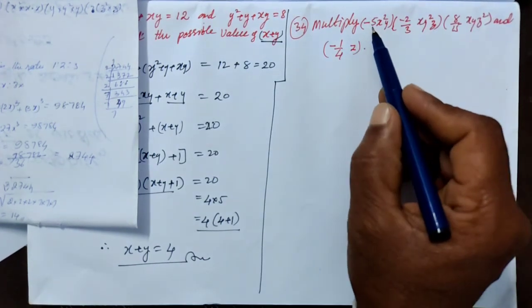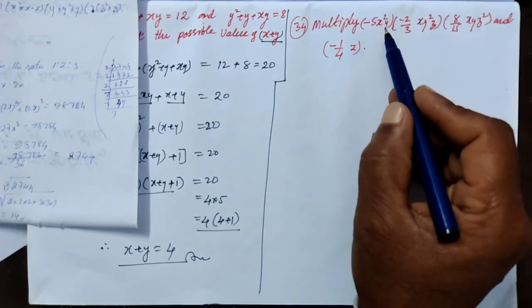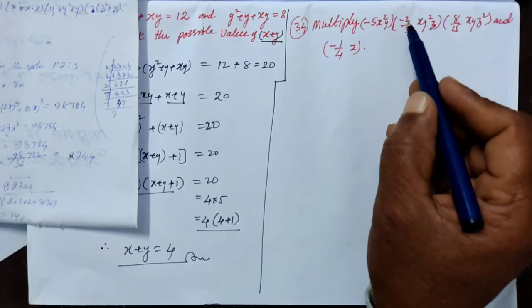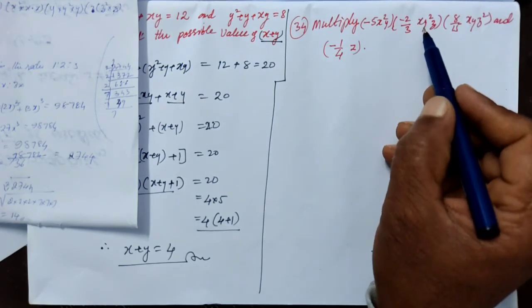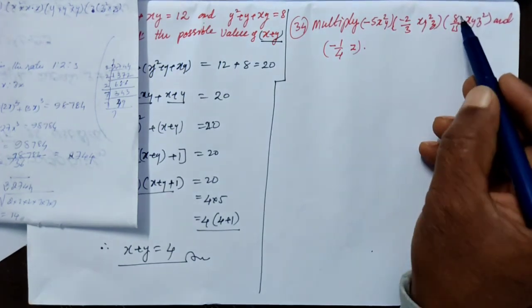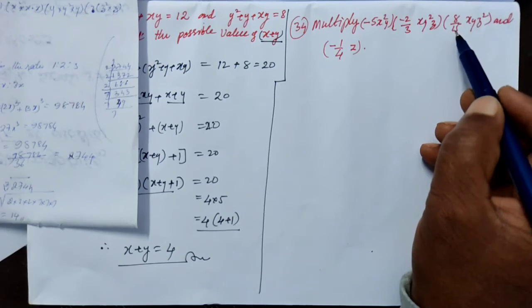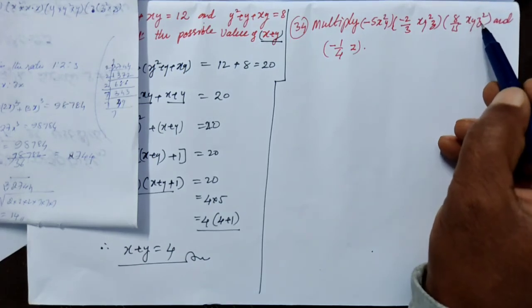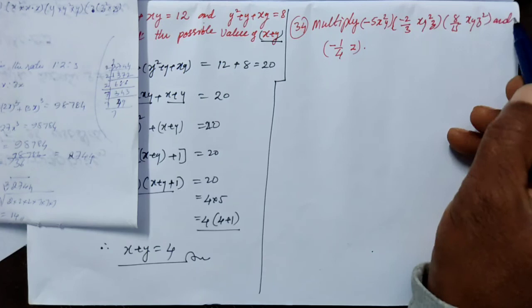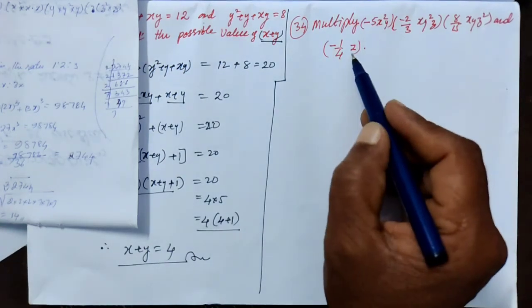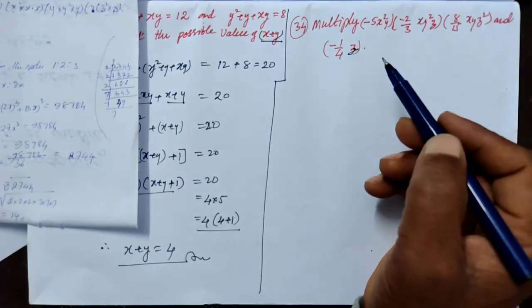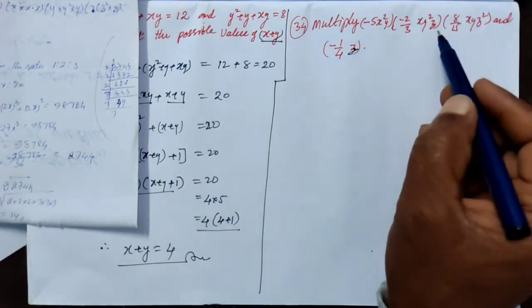Multiply minus 5 x square y into minus 2 by 3 x y squared z into 8 by 15 x y z whole square and minus 1 by 4 z. So we have to multiply these terms.